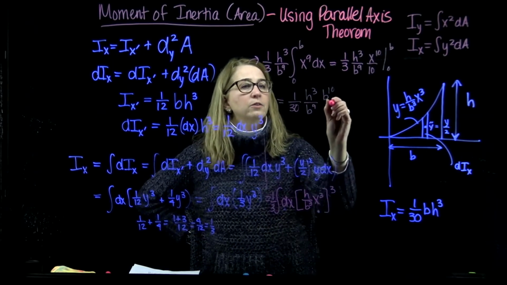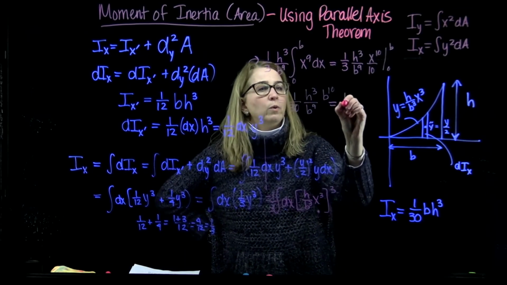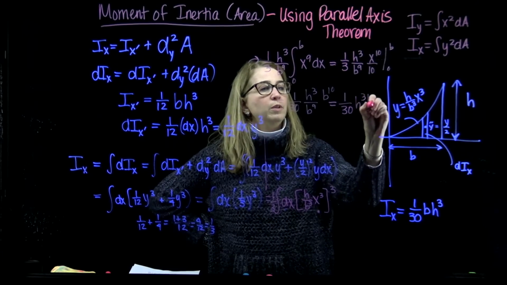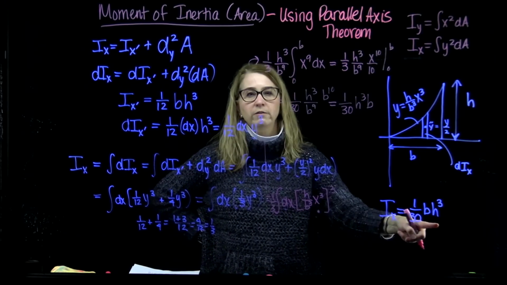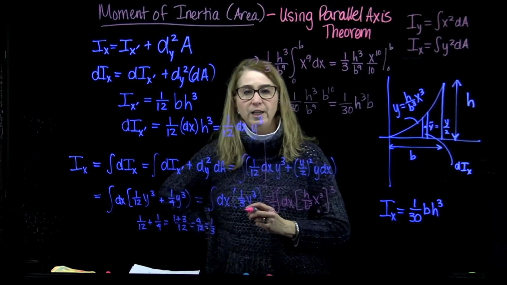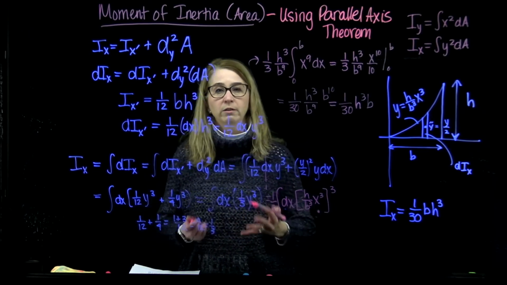See where we're going with this? We're going to get the same expression. It's going to be 1/30 h cubed b. Well, I wrote it in a different order, but it doesn't change anything. I got exactly the same answer, which if I'm doing this right, I should get the same answer regardless of what method I use.